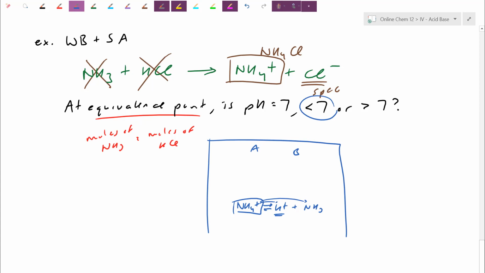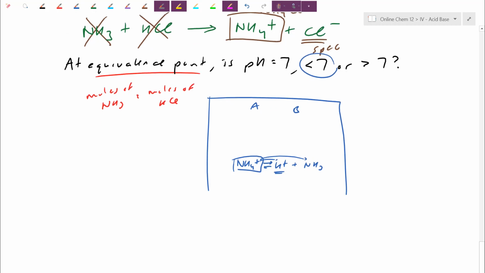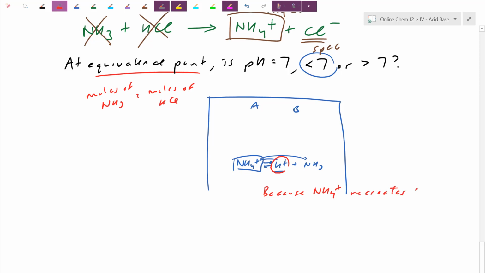Even though we're at equivalence point, even though we should be neutral, because we're replenishing a little bit more H+, the pH is actually less than 7 at equivalence. Let me write that down in words: because NH4+ recreates some H+, the pH is less than 7 at equivalence.